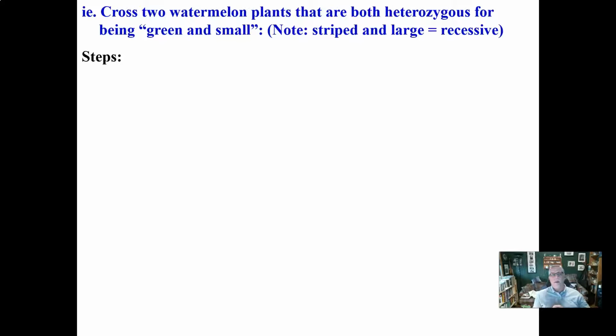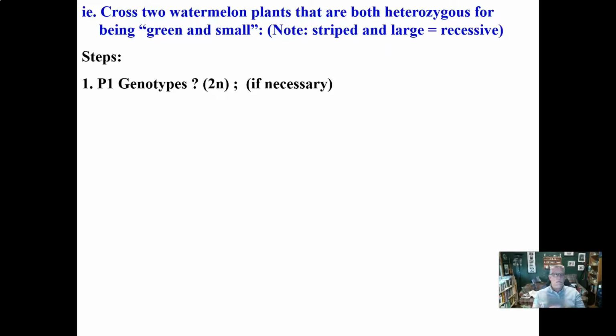All right, so step 1. We have to figure out what the parents' genotypes are. I gave you the wordage up there. Can you convert the words into code, into our genotypes? This is going to be a diploid number. For dihybrids, the diploid number is going to be 4.